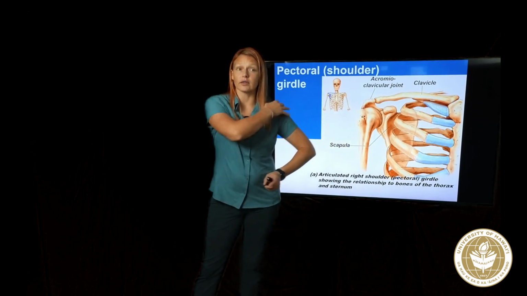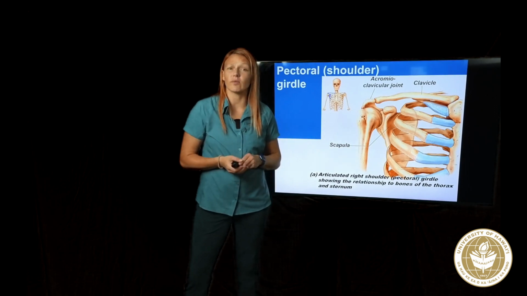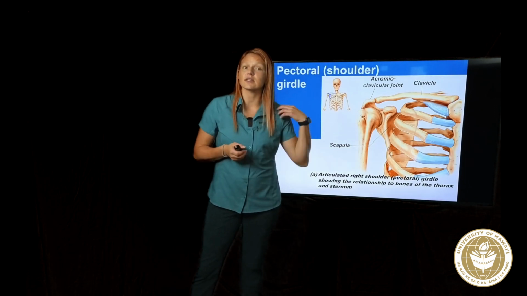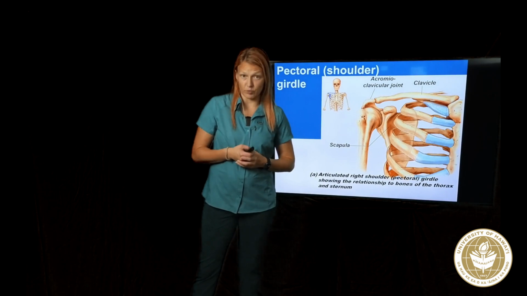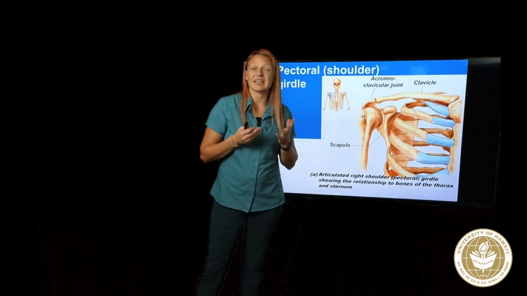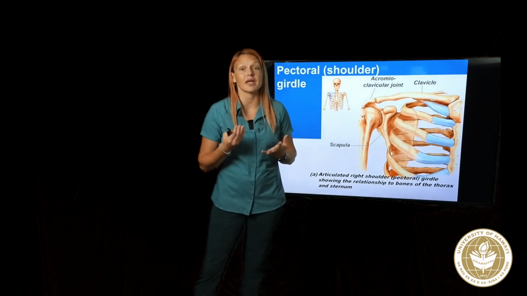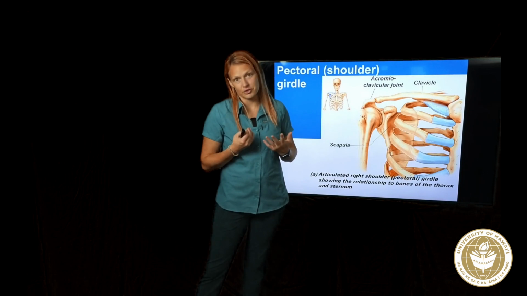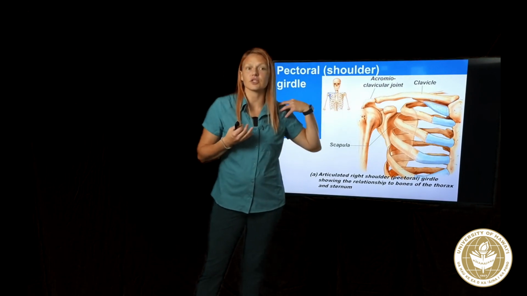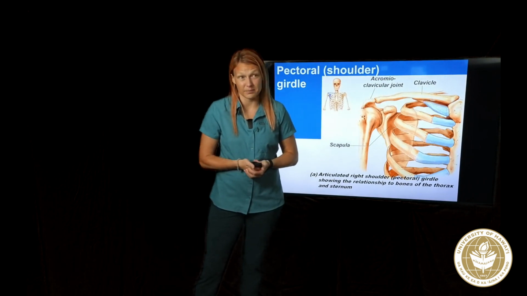Also, the socket of our shoulder joint is very shallow and poorly reinforced, so it doesn't restrict a lot of movement. This is good in terms of flexibility, but bad because it's going to provide less stability. I'm sure you all know somebody who has had a shoulder injury before, right? That's because our shoulders allow for a lot of that flexibility, but they don't have a whole lot of stability.